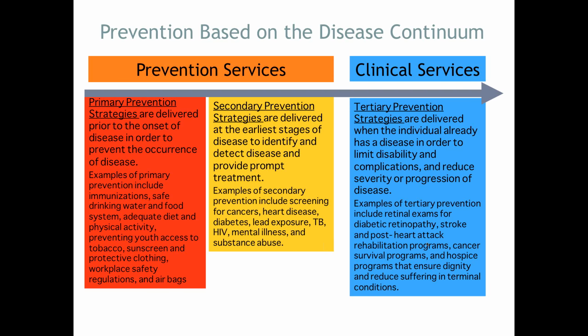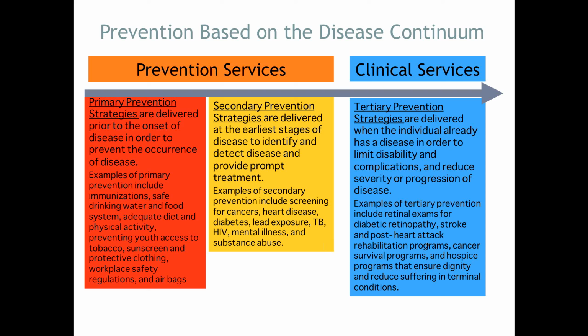I want to talk some about prevention that's based on a disease continuum. So as we think about a disease that hasn't emerged yet and then progresses along, we have strategies that can be delivered at each part of the disease continuum.